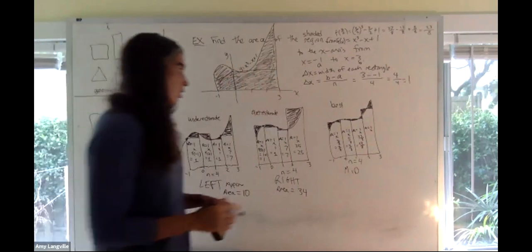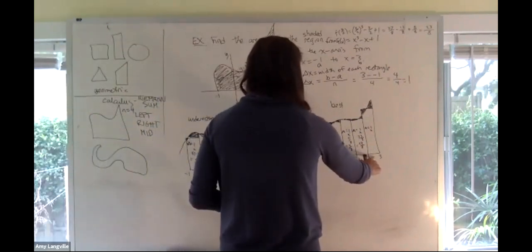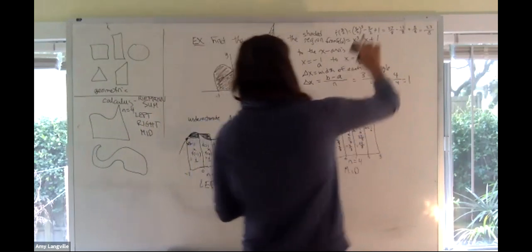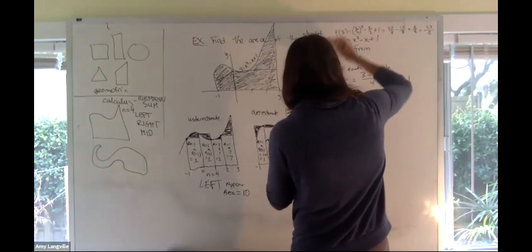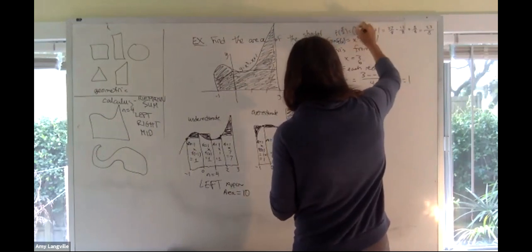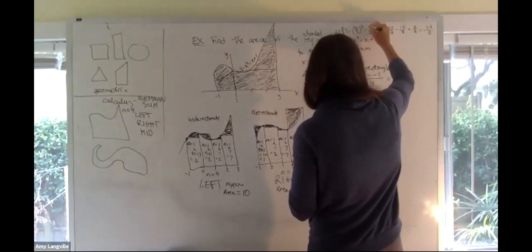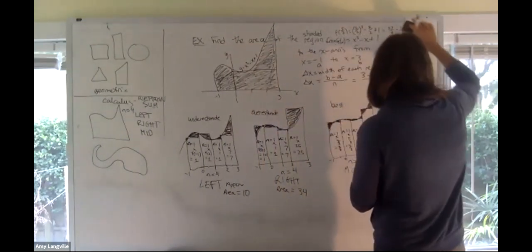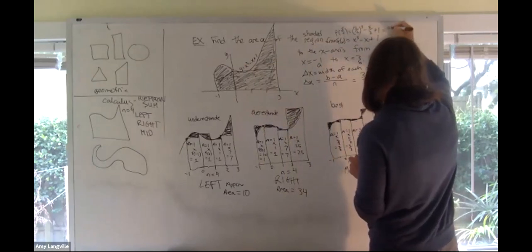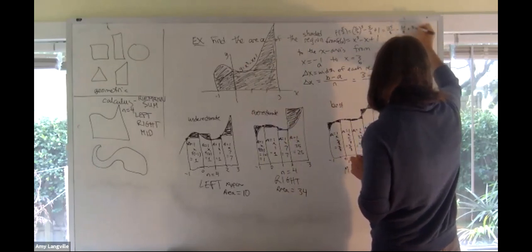One more to do, a little more work with fractions. So we're going to get f of 2.5, which is also f of 5/2, which is 5/2 cubed, minus 5/2 plus 1, which is 125/8 minus 20/8 plus 8/8.